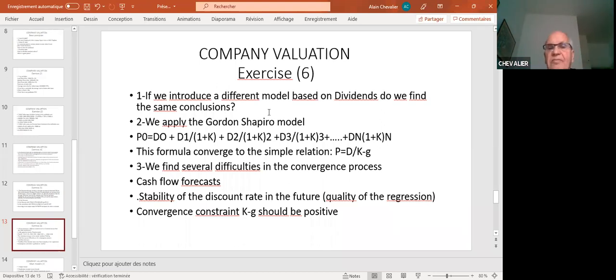So the value of K you use, or the value of K you obtain, is a kind of average, which is the best calculation you can do.